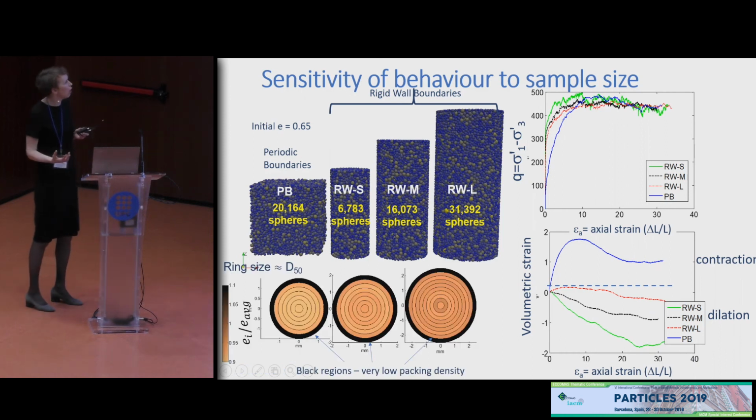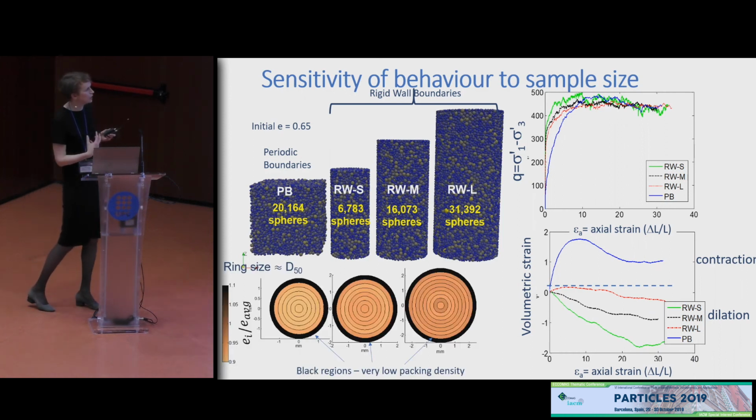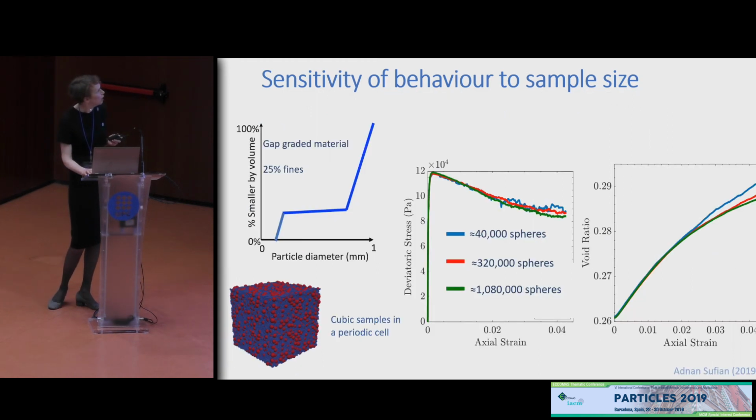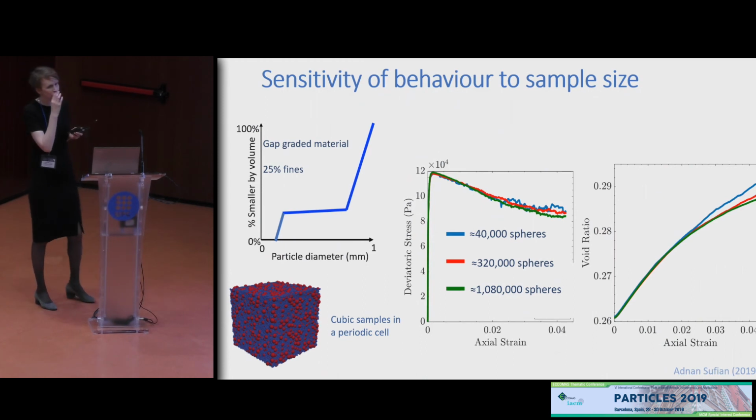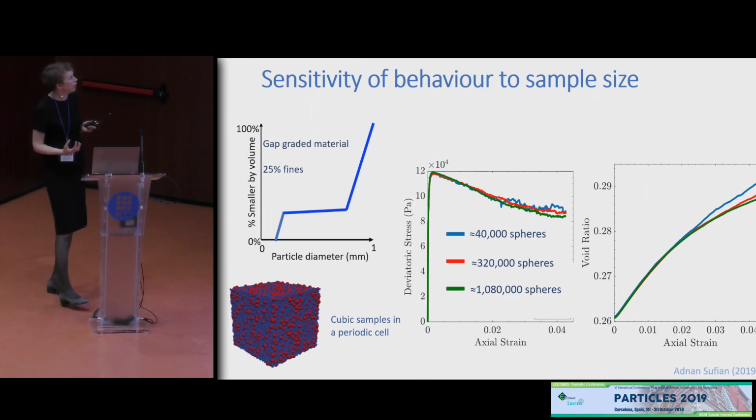And we could resolve this by looking in detail at what was happening at the center of the material and realizing that there's quite a large region close to these rigid walls that behaves differently, quite a significant boundary effect. But we see this sample size effect even with periodic boundaries when we go to samples that have quite a difference in particle size in their composition.